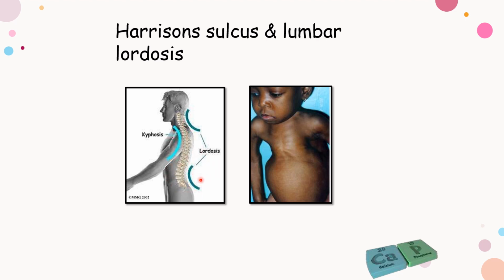So this is called lumbar lordosis. And the Harrison sulcus is in this picture. You can see this is the Harrison sulcus, and all these are the features of rickets. So rachitic rosary, pigeon chest deformity, lumbar lordosis, and the hypocalcification of the dental teeth.